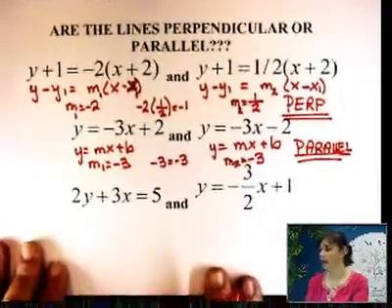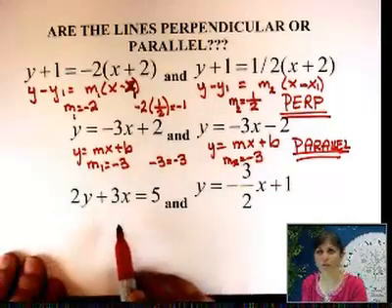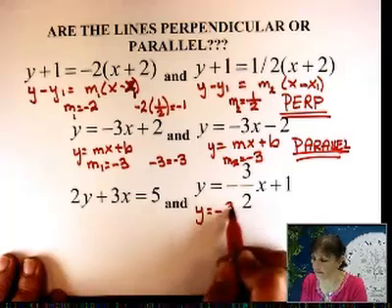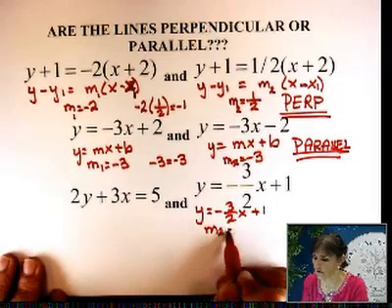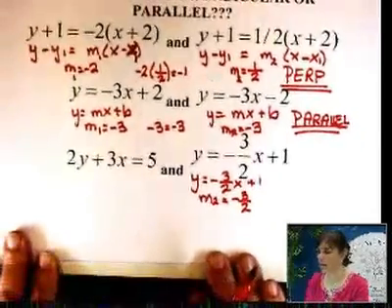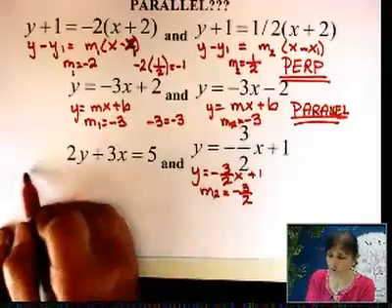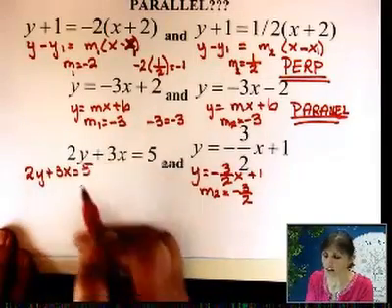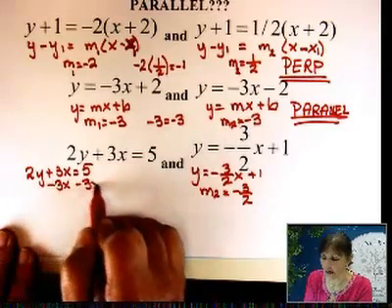Okay, let's do another one. They are in mishmash form. Now, to be able to see that, this one is in slope-intercept form. This one has a slope of -3/2. Okay, let's put up this. This one, I really cannot tell. I have to move it around. Remember what I used to do? Pull it into slope-intercept form. Subtract 3x.